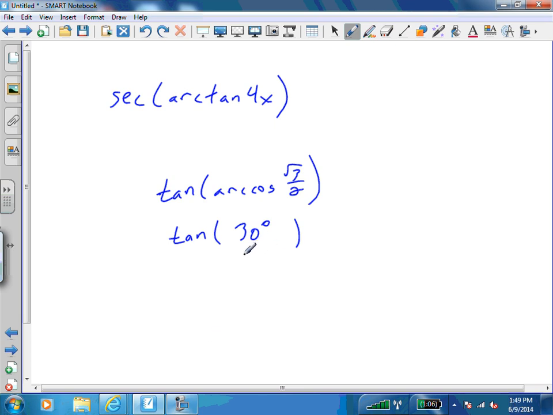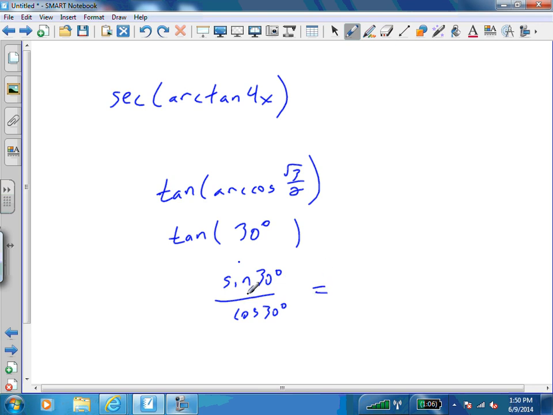Tangent of 30, you could either think about that as sine over cosine, or you could think about it as your triangle and what's opposite over adjacent.